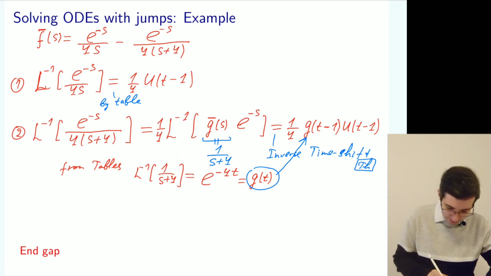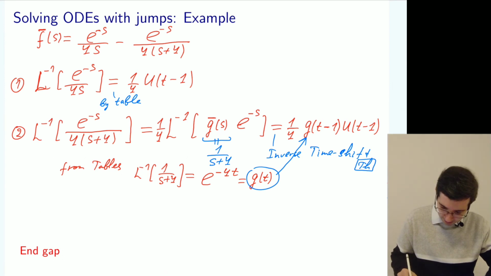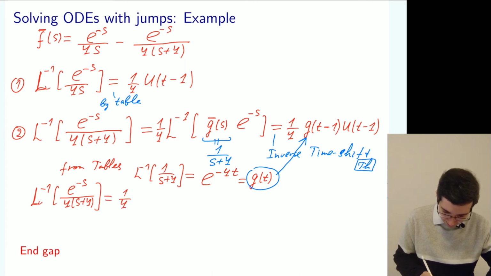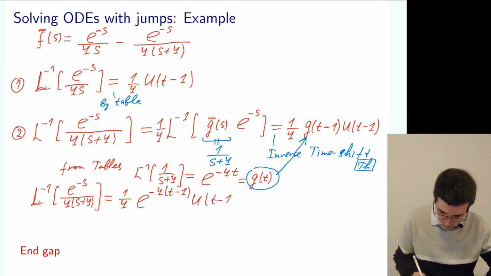we will get finally the answer that inverse Laplace transform of that expression is 1/4 exponential to the power of minus 4 times (t minus 1) times unit step function shifted by the same amount.